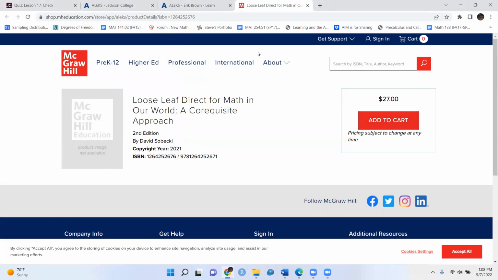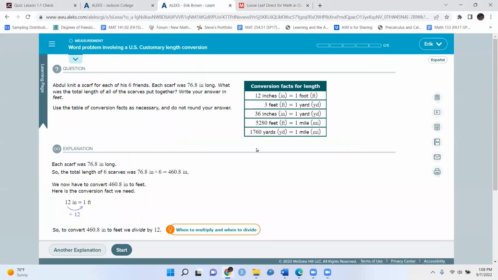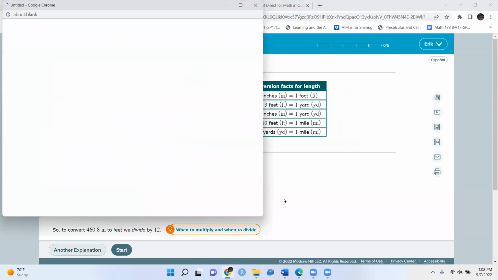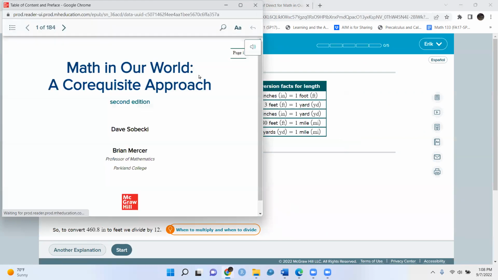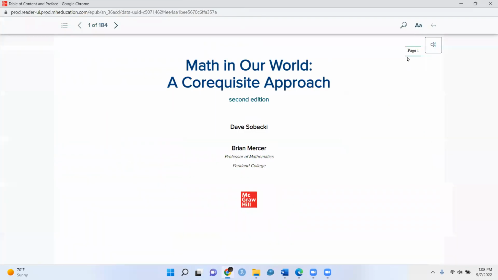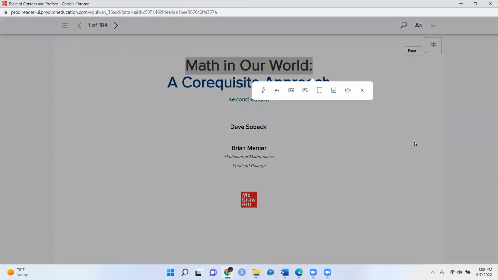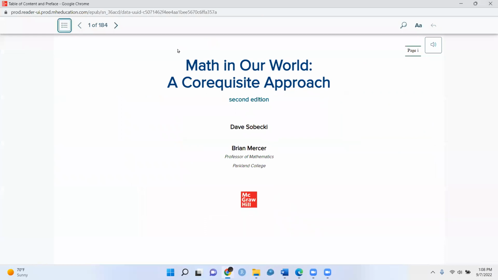I don't know if McGraw-Hill charges you shipping, but you can get a print book there. Otherwise, you've got this ebook in here. It's a little wonky to read through because it's not formatted like a book where it turns pages like Biblio's books typically are. They've got the page numbers listed here, and then you just scroll through it.